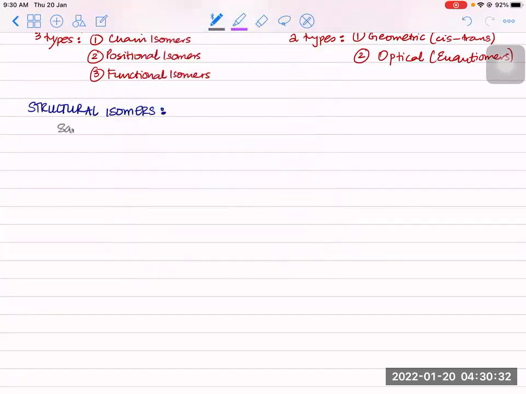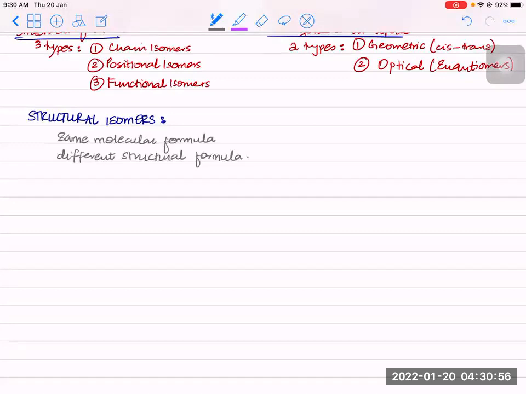They have the same molecular formula, but different structural formula. Now for this, you need to know your naming. You need to know your structural formulae.